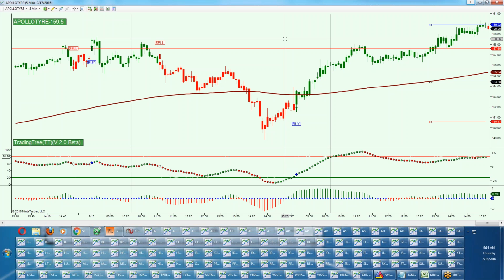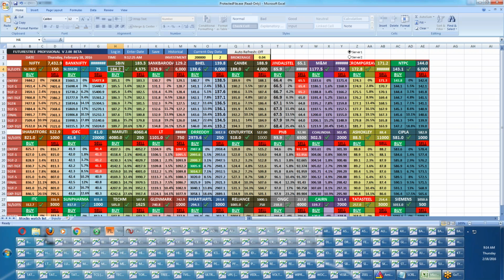So that's 68 points up in Nifty. That's a gap up open. So let me just take the current day data.